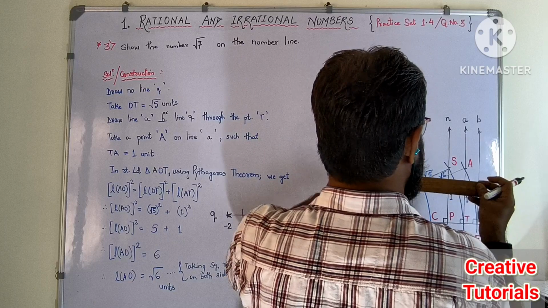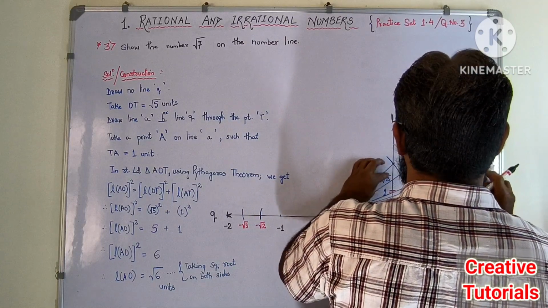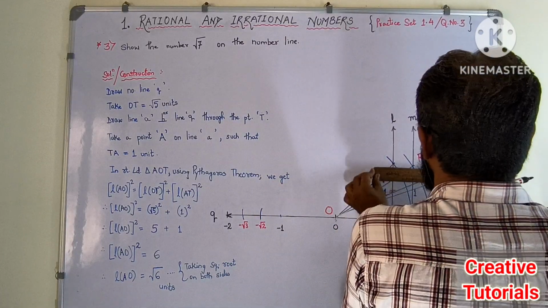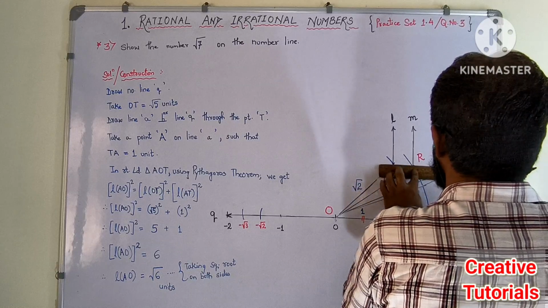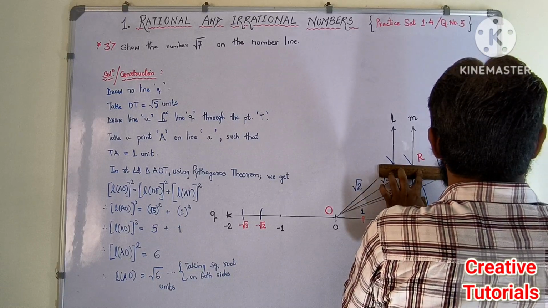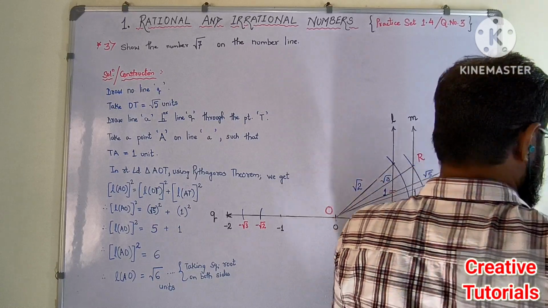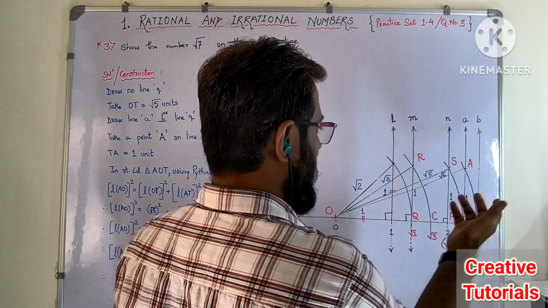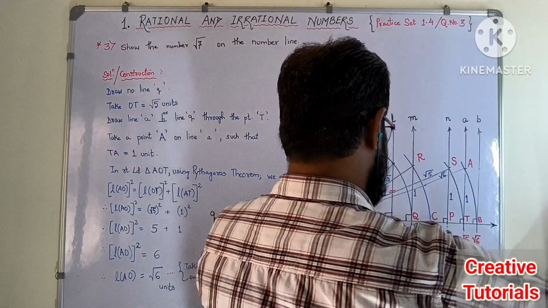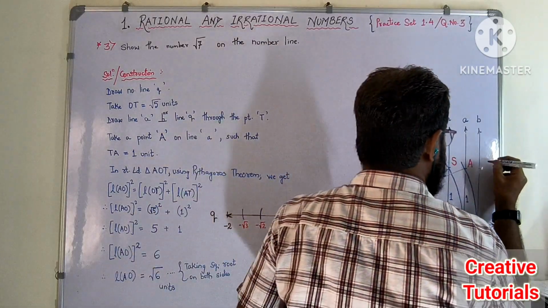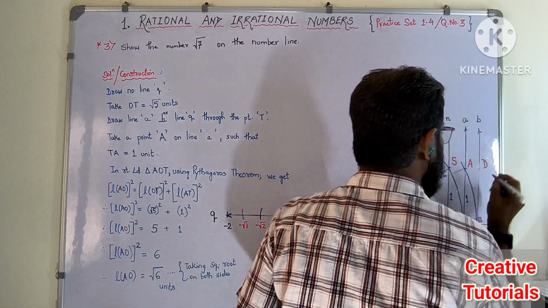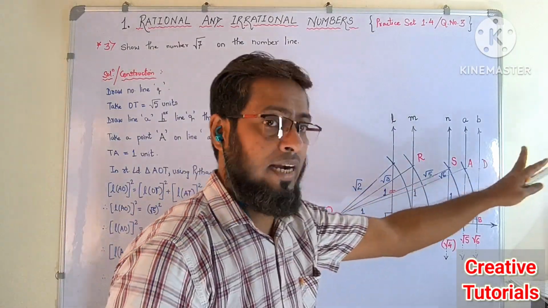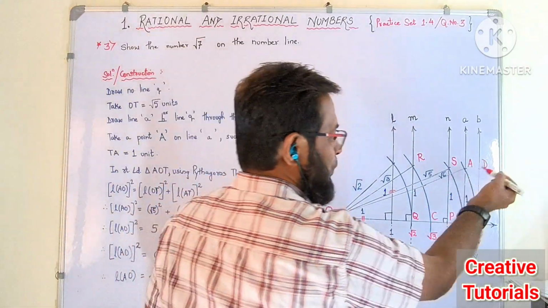They are all collinear points right now, so if I make use of that property, my point will come somewhere here. Suppose A, B, C, everything is done. C is also here, so let me give this point as D.